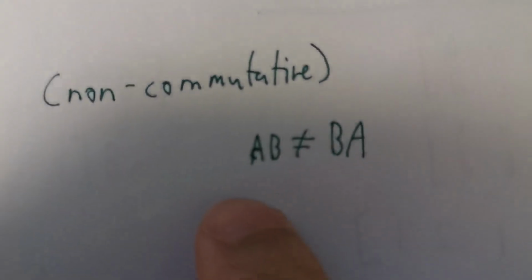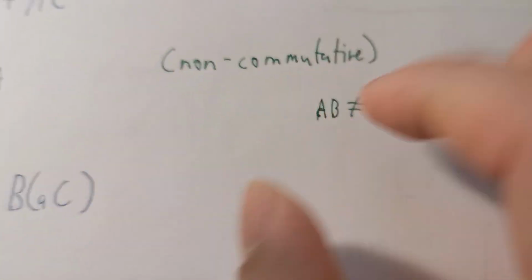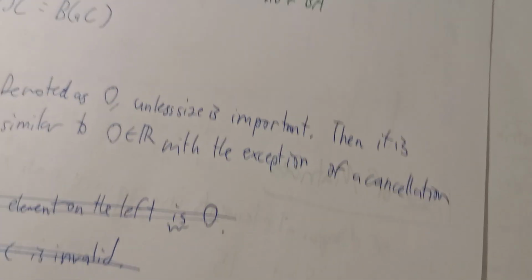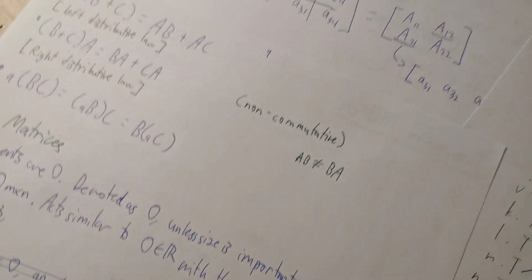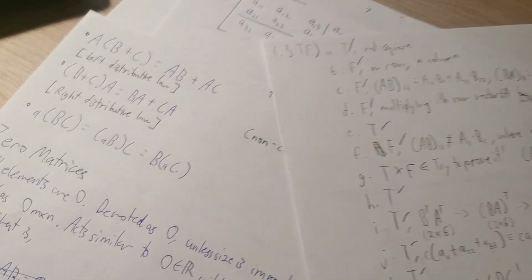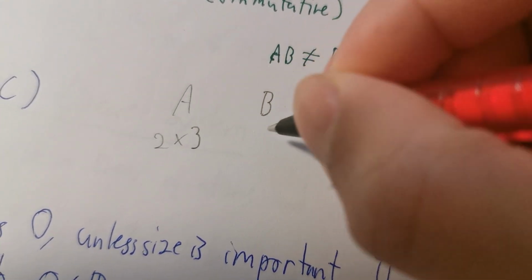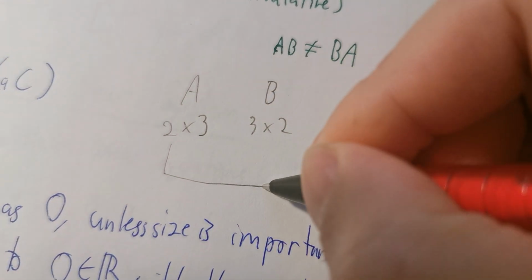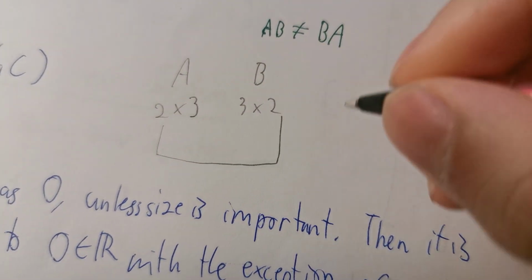Because matrices are non-commutative. That means AB does not equal BA because of the way you do matrix multiplication. If you have A, which is 2 by 3, and you have B, which is 3 by 2, you can do AB, and that will give you an array that has an order of 2 by 2.